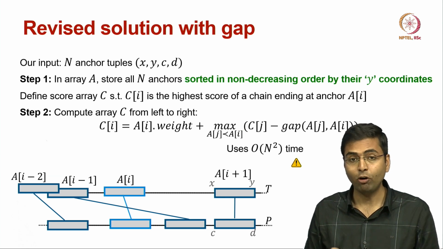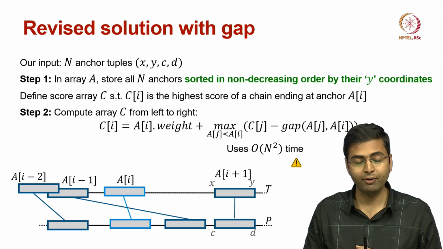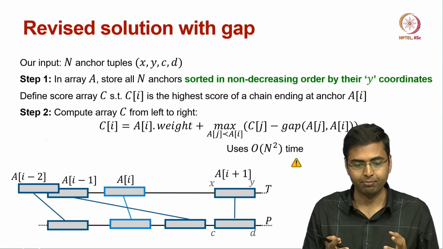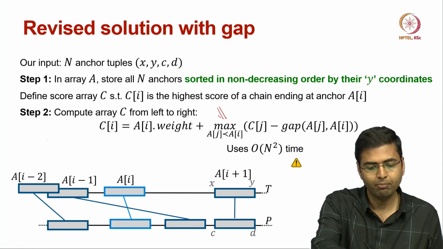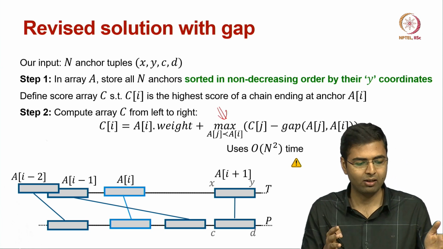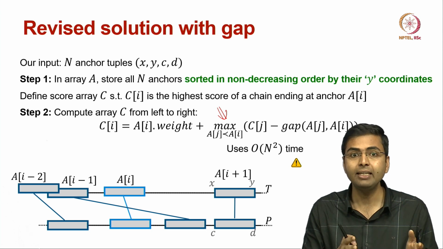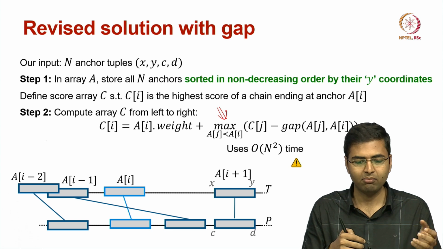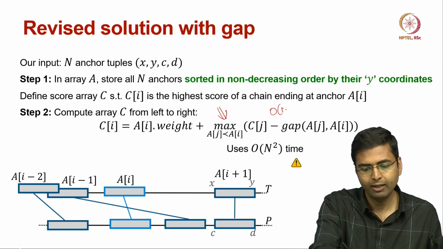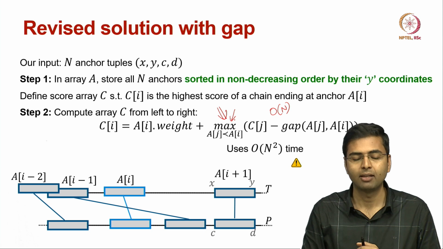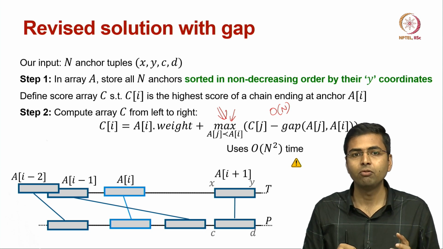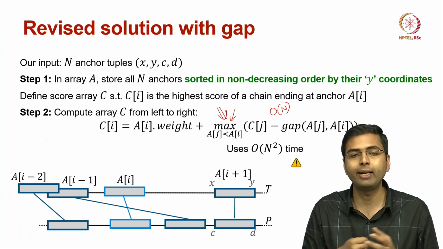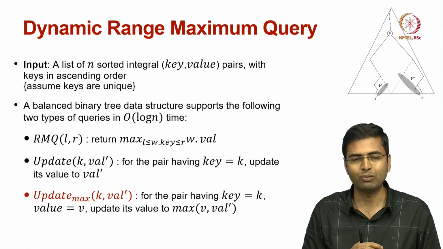However, we also saw that unfortunately this algorithm uses n square time, because we are filling a table of size n and each value requires order n time, because computing this maximum requires a linear scan over array C. So we want to avoid order n square time, and we can again go back to the range maximum query data structure that we were using last time as well, right.